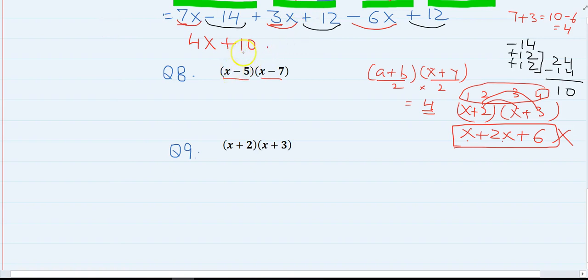Now you have to be a bit careful when we multiply such kind of equations. First we are going to multiply this x by this expression. So we will write this x multiply x minus 5. Then we will multiply the second term of the first expression, that is minus 5, by x minus 7.